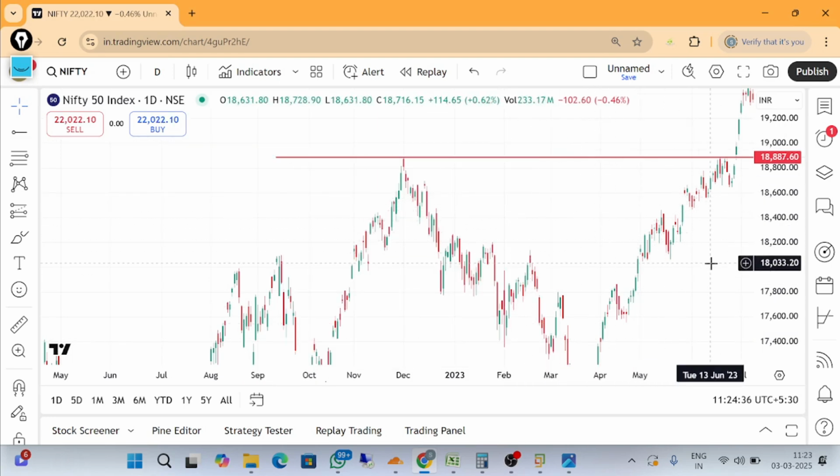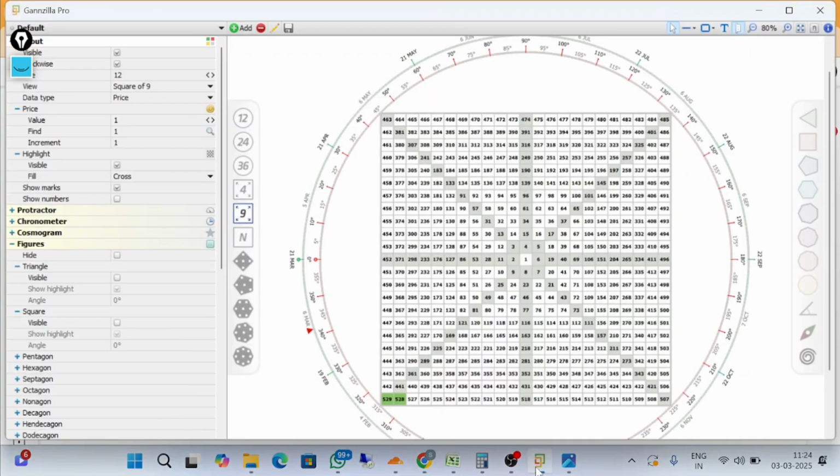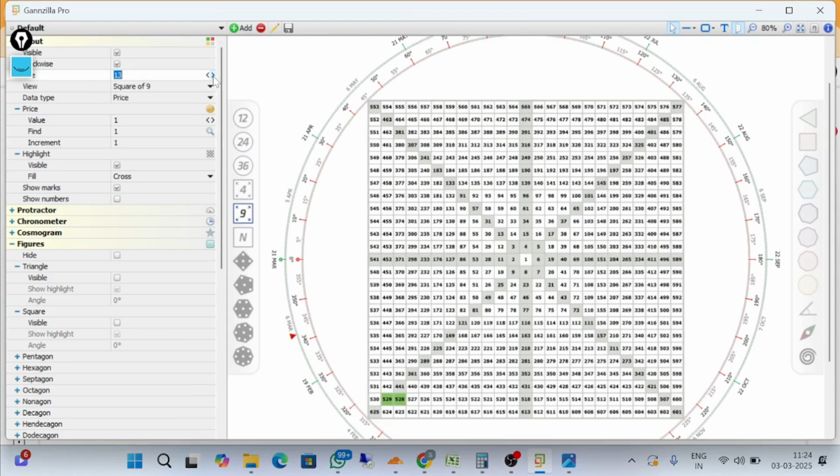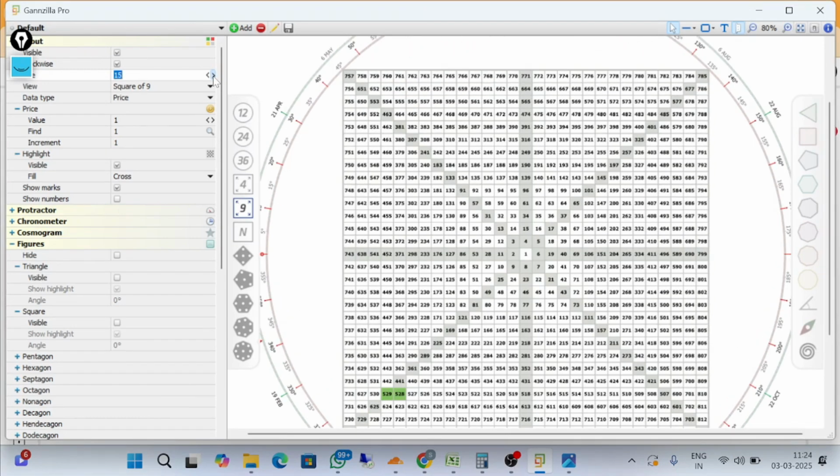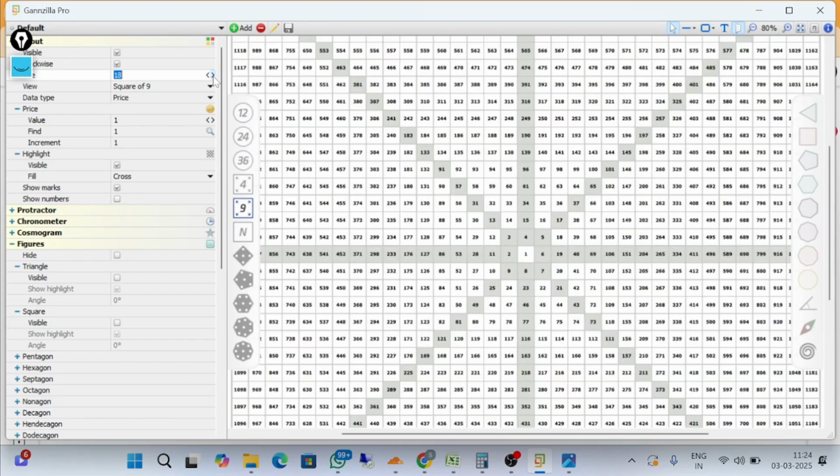Now it is very difficult for us to take a number like 18,000 over here. How can we do that? We have to increase it, like from here it's a 12, so increase it to 13, 14, 15, 16, 17, 18, and that is very difficult.